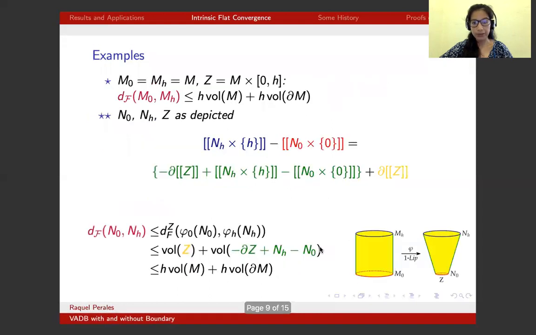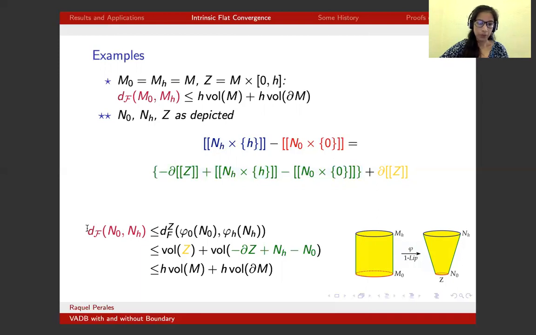So once that we have this truncated cone, we can again take the boundary of this cone, and the boundary of this cone, well, it's going to be the top part minus the bottom part, and then the other part of the boundary. So we will be satisfying the equation that we want to calculate flat distance in this truncated cone.